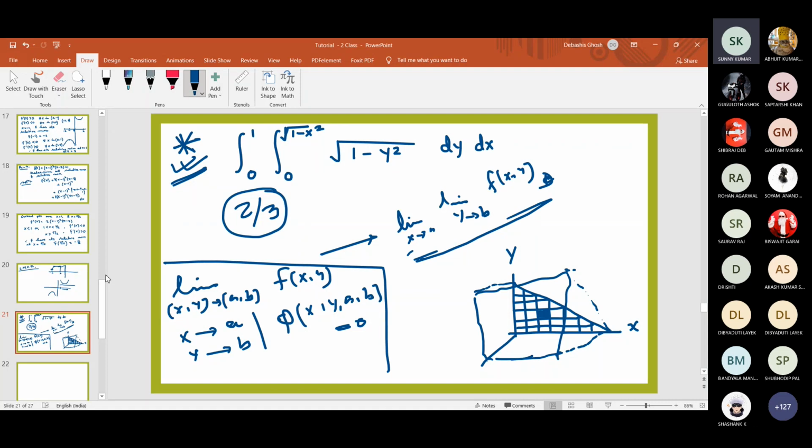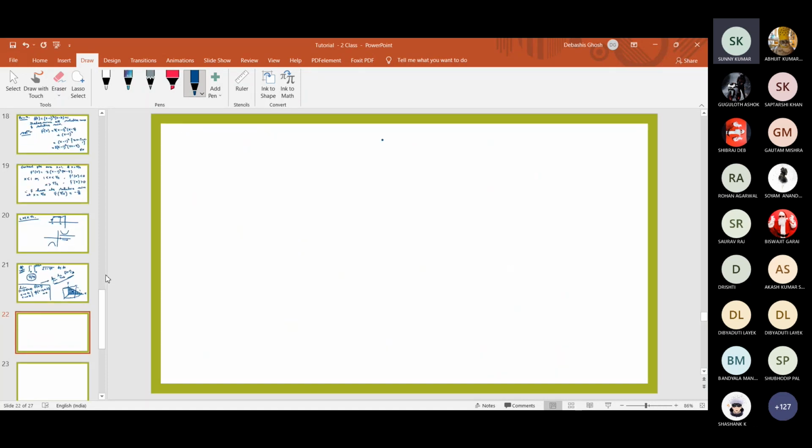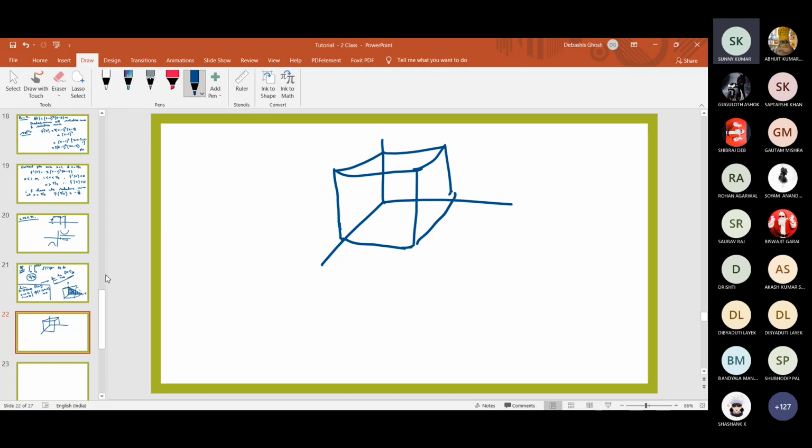Because of this clarification, I gave you the figure initially. If you consider the curve, that is most useful. We consider a path on this surface, where this one is y, this one is x, and this one is z. The height gives the volume.